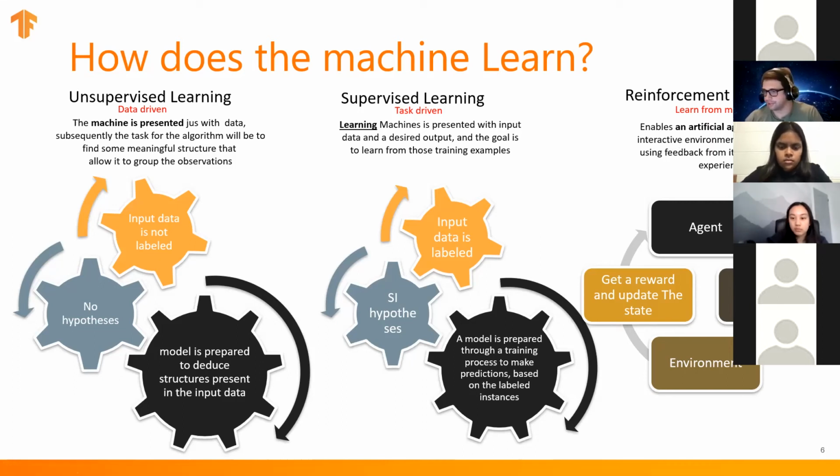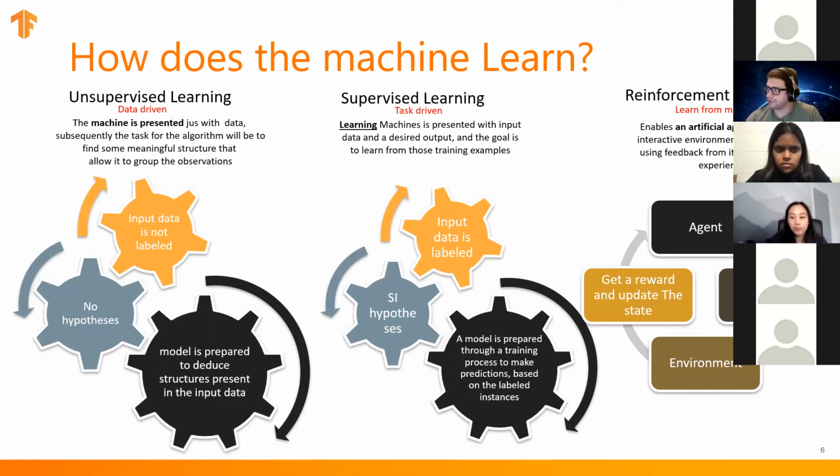So you basically have an artificial agent, which can be basically anything that we want to make do something in a specific environment.